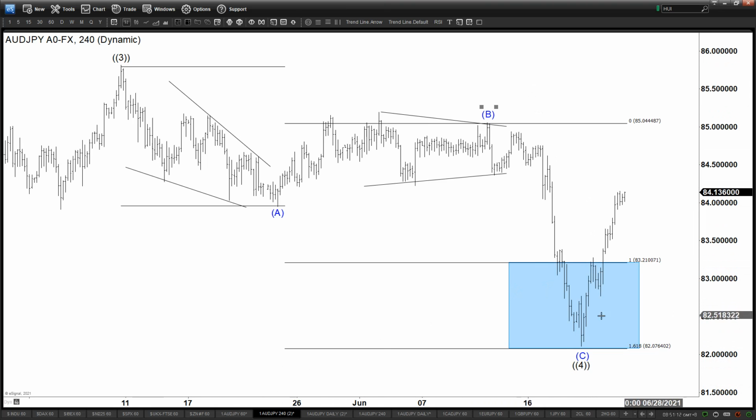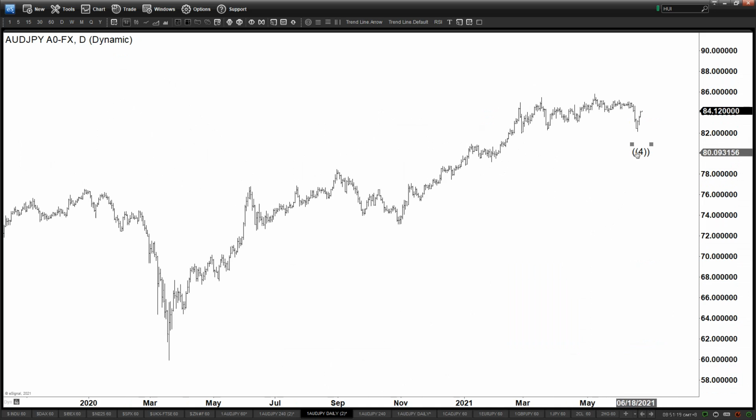Now zooming out even further, go to the daily chart, and let's place the 4 here, and this is the 3 on the daily. So what we're looking at here is still the same cycle from March 2020. As you know, March 2020 has a lot of lows and highs.